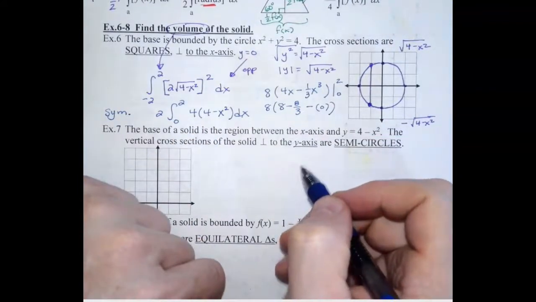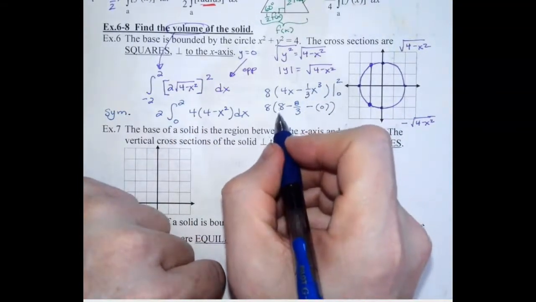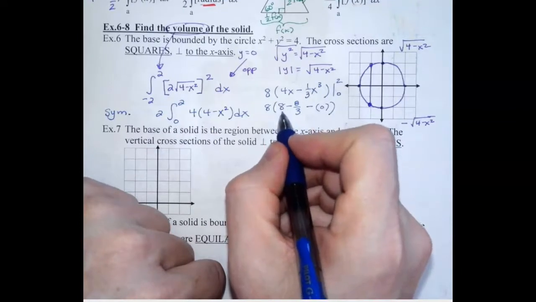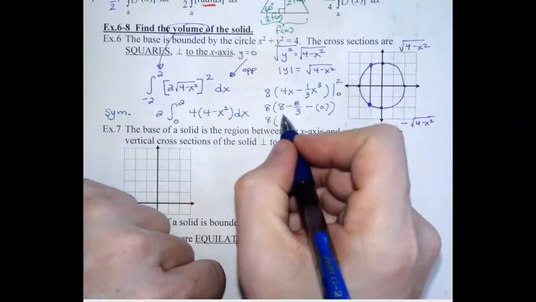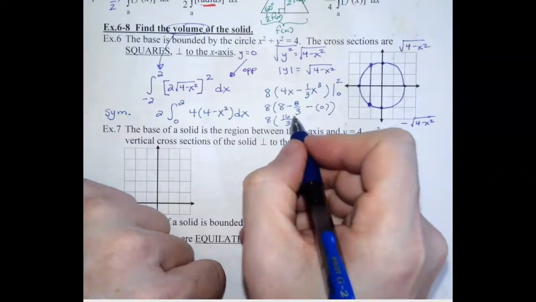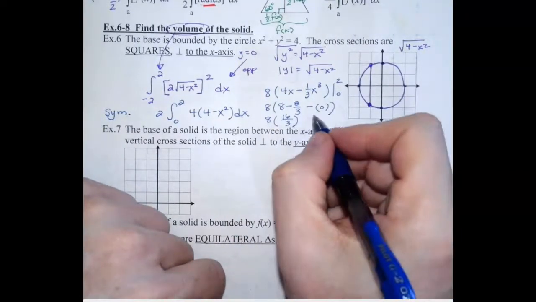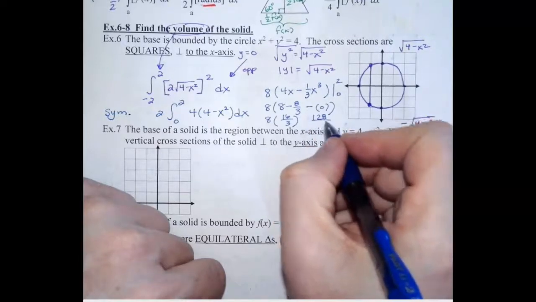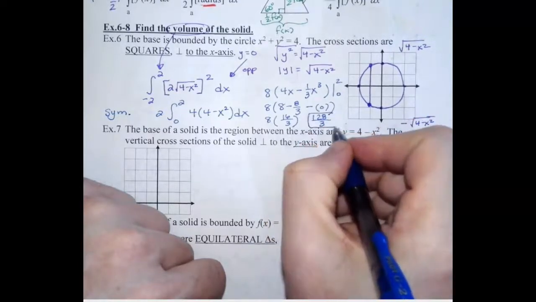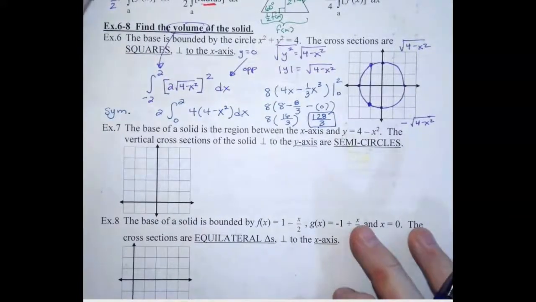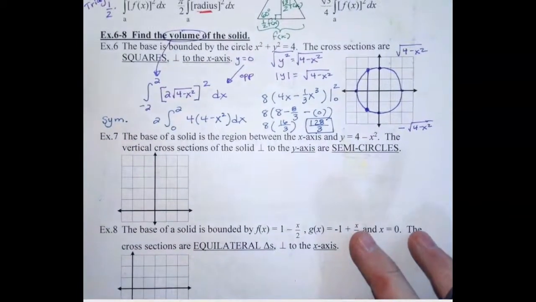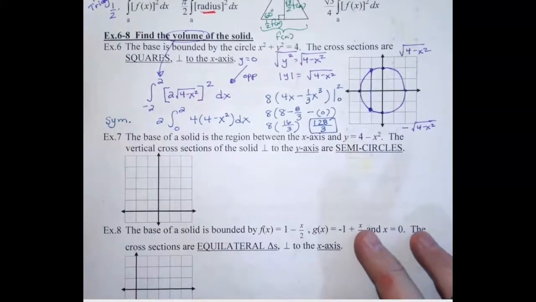Okay, so now if we multiply this by 3 over 3, we would get 24 over 3, and if we subtract that, we would get 16 over 3. So that's 80 plus 48, that's 128 over 3 for the volume. Alright, so if you have any questions on that, please come to office hours.